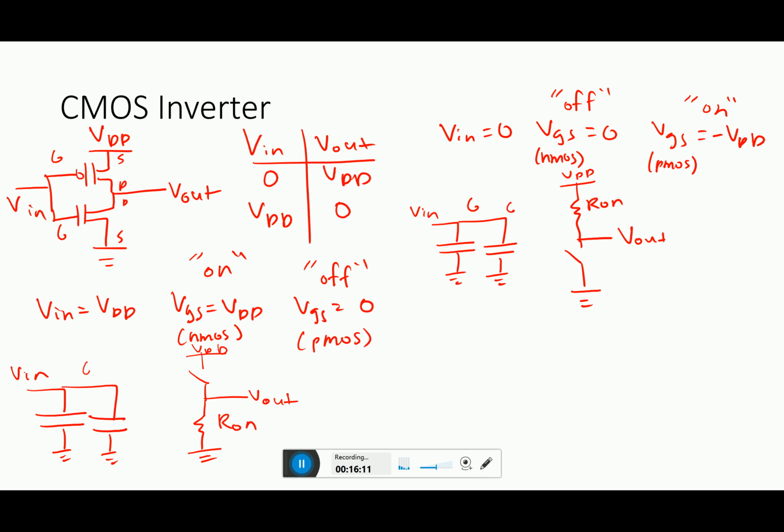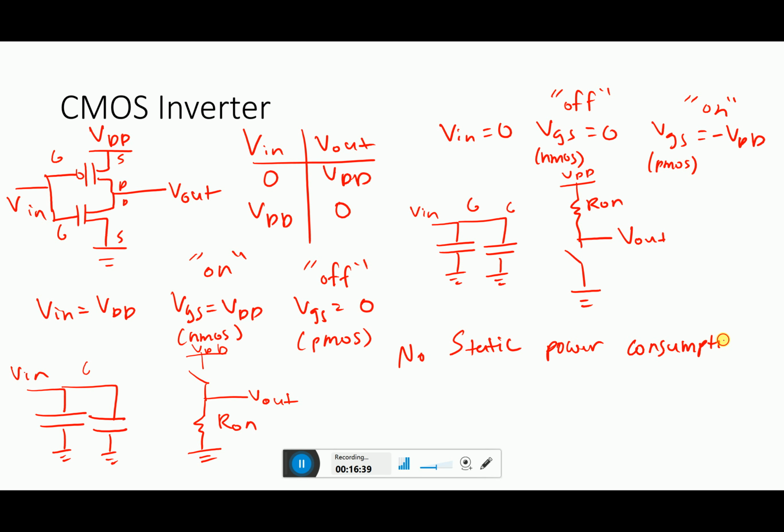If you notice, in both scenarios, there's no perfect electrical connection between VDD and ground. That means in static, what I mean in static is that when we're not switching, when we're not going from Vin equal to 0 to VDD, as we're not trying to change the value, no static power consumption. And this is really important.